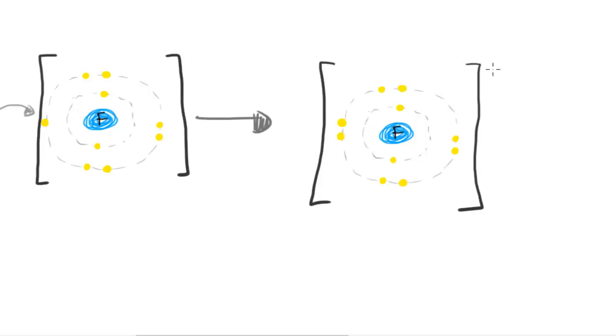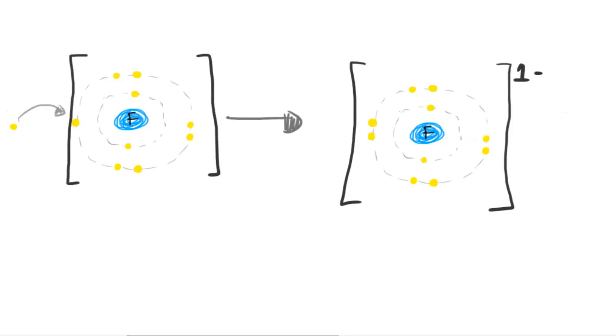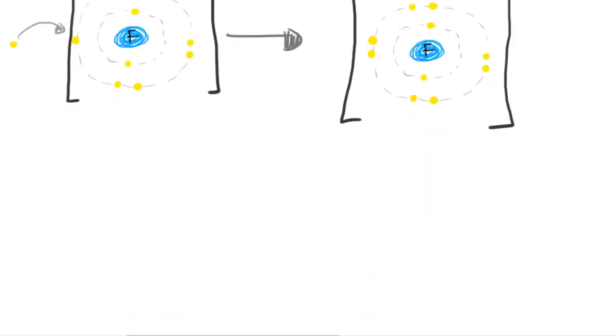Since it's gained an electron, the fluorine has basically been reduced. Reduction is the gain of electrons, and the gain of electrons gives it a negative charge. So it's going to be 1 minus. So this is what the fluorine ion looks like, which is just formed because fluorine wanted the configuration of neon.